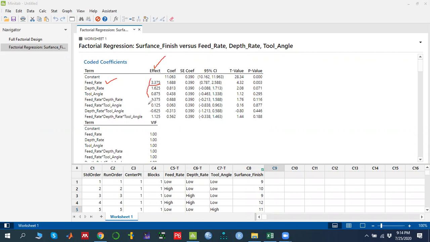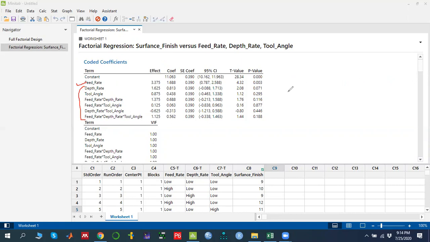Using these effects, we can calculate the coefficients of the regression line, which is y equal to a plus b1x1 plus b2x2 and so on. But as we have seen in this result, these are not significant factors. Only the significant factor is feed rate.